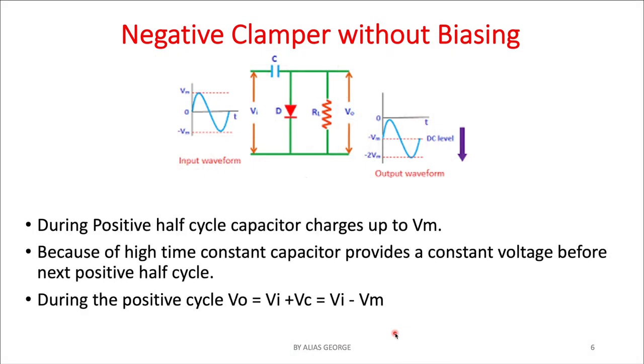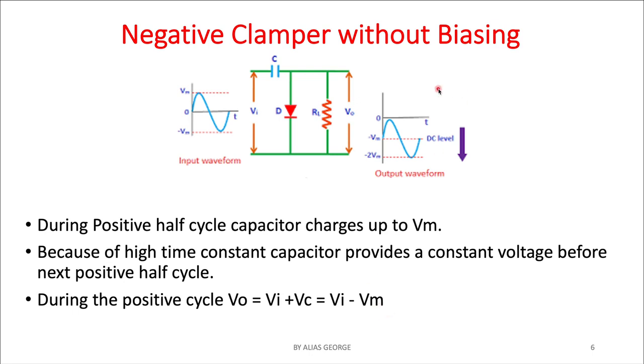And this is what is happening here. During the positive half cycle, the capacitor charges to Vm, and because of the high time constant, it provides a constant voltage to the next positive half cycle. And during the positive cycle, this is the output wave equation.